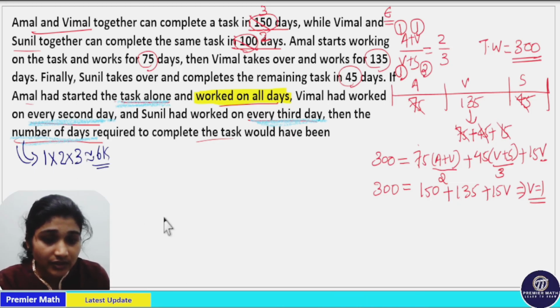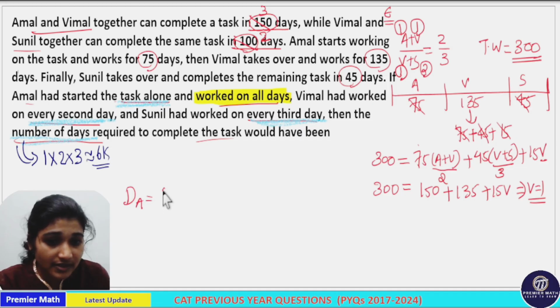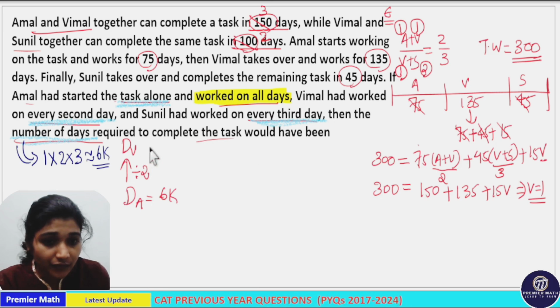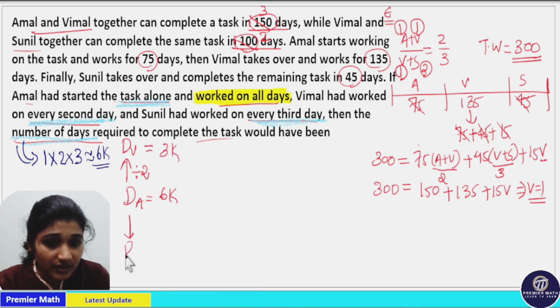Now the number of days taken by Amal is 6k, so the number of days worked by Vimal must be half of it. Half of 6k is equal to 3k. Then the number of days worked by Sunil is 1/3 of 6k, which is equal to 2k days.